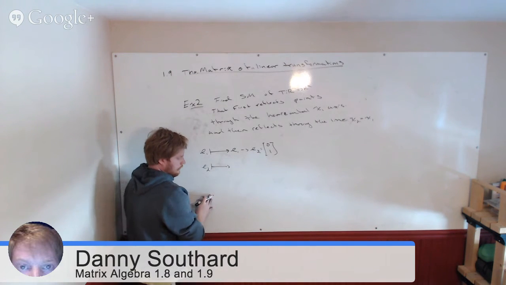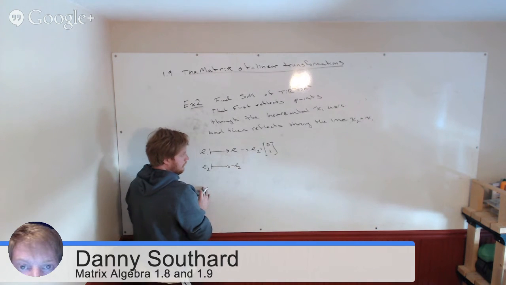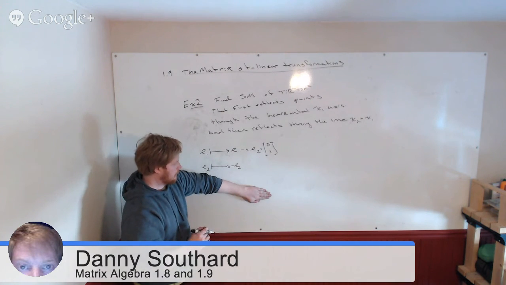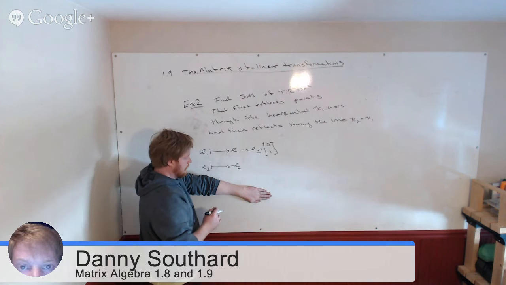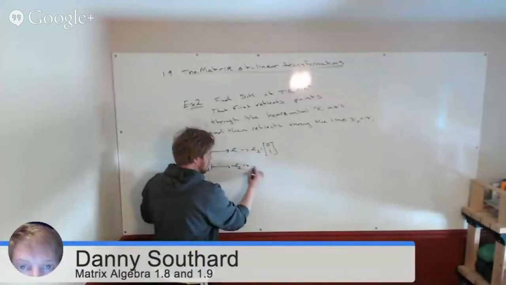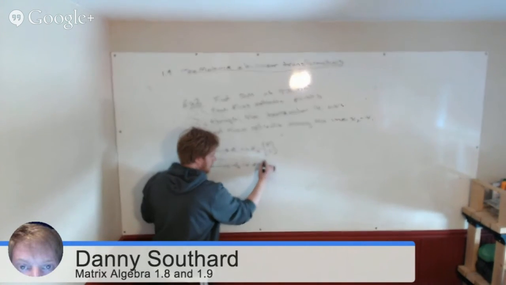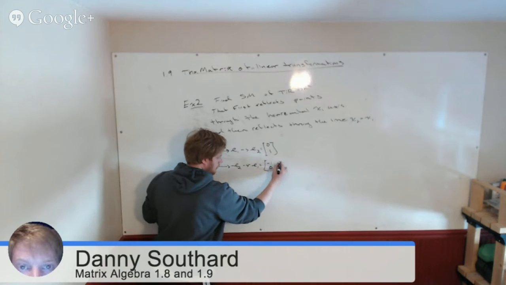E2, we want to initially be mapped to negative E2, right? That's reflecting over the horizontal. And then we want to reflect it over y equals x. So we want to change it to E1, but it's got to be negative. Okay, so negative 1, 0.